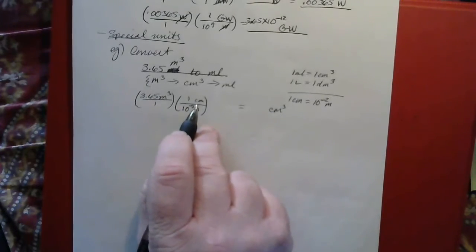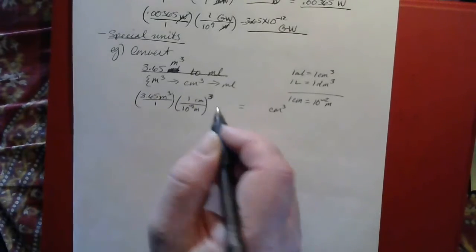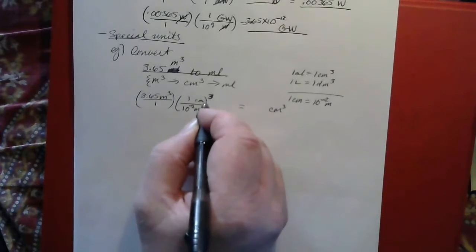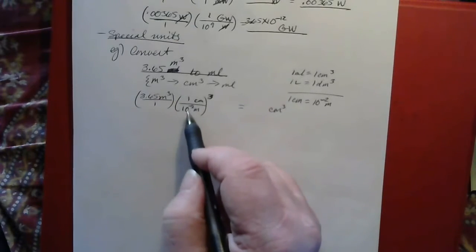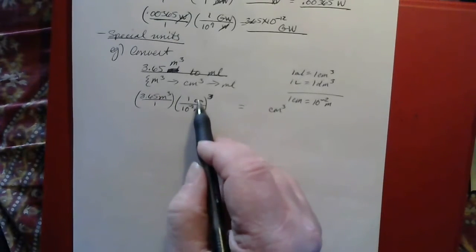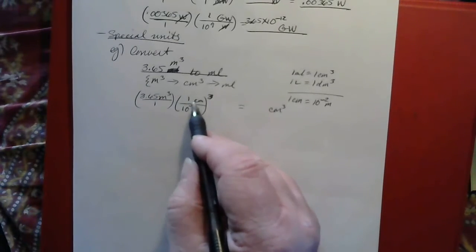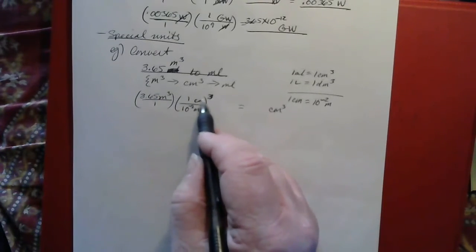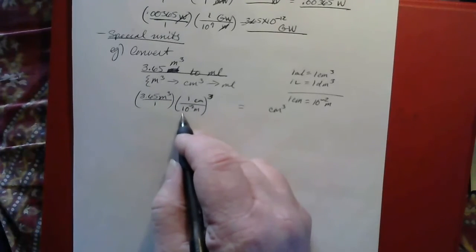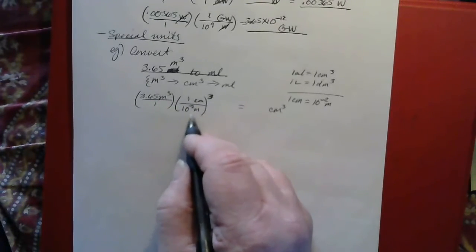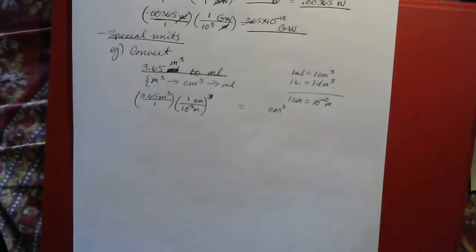So the easy thing to do would be just take that entire conversion factor and raise it to the 3rd power. Remember that the 3 applies not only to the numbers within the parentheses, but also to the units within the parentheses. So this is now 1 times 1 times 1, or 1 cubic centimeter for every 10 to the minus 2 times 10 to the minus 2 times 10 to the minus 2 cubic meters is essentially what that means.